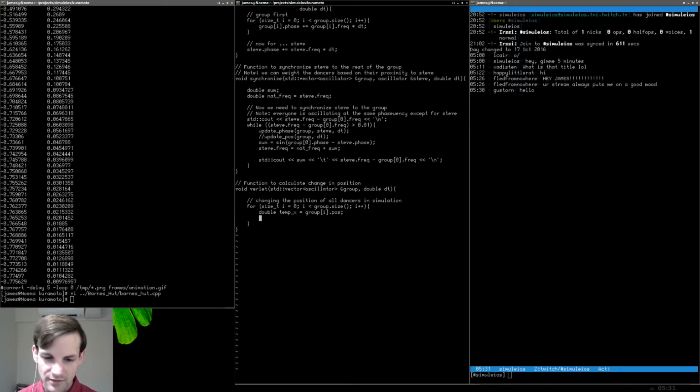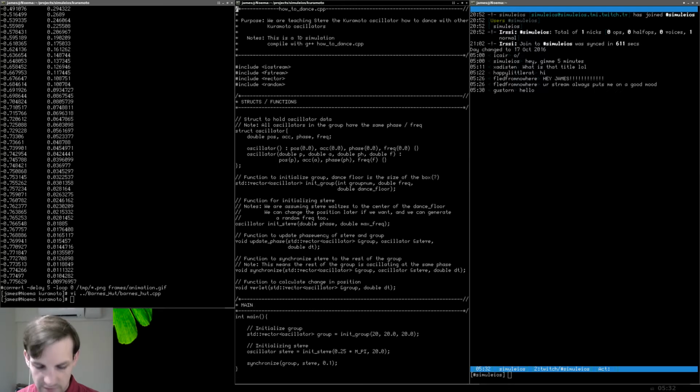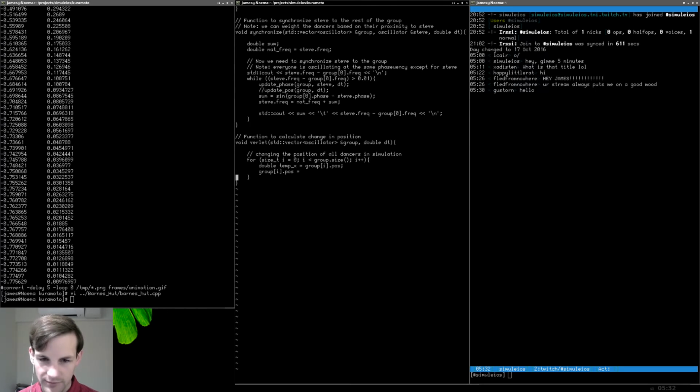Okay, so now for the actual Verlet algorithm, we're going to say group of I dot position is going to be equal to, let me go up real quick just to make sure I have the position correct. Yes, I did call it dot position. So this is going to be equal to what we just had up before. It will be 2 times its current position, so group of I dot position.